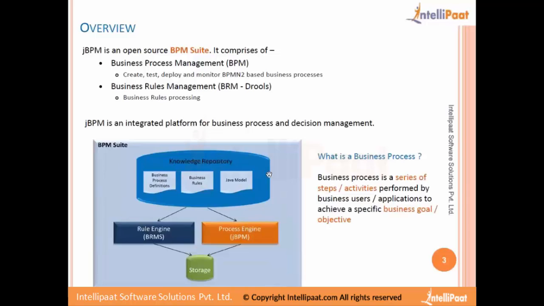So this becomes a knowledge repository. Whatever artifacts we create, like the business process diagram that we draw, the rules that we write, and the Java model, the POJO classes that we create, everything becomes part of this knowledge repository. The rule engine and process engine have access to the same knowledge repository, and they work on the data that comes into the process or the rule based upon these knowledge artifacts.